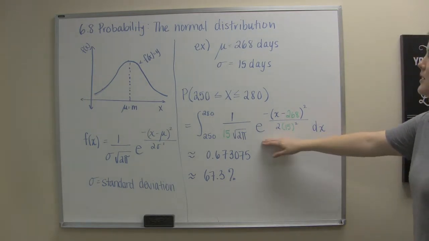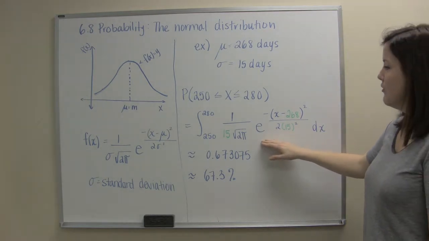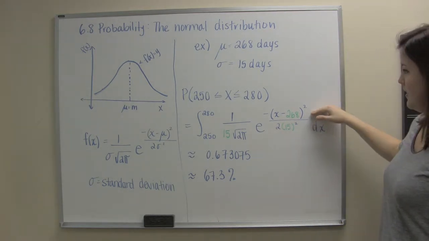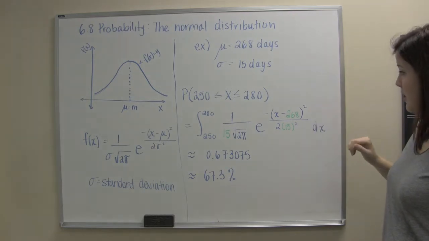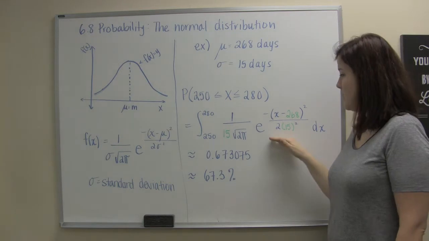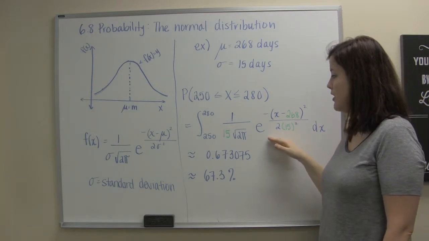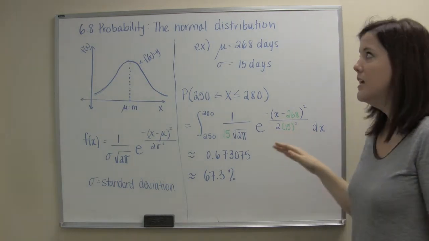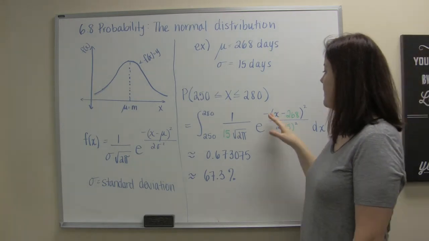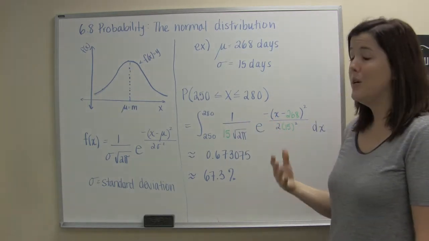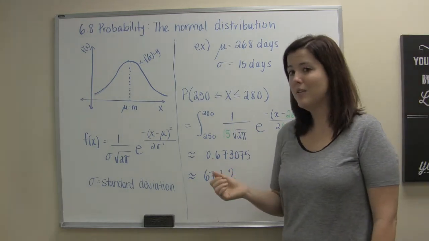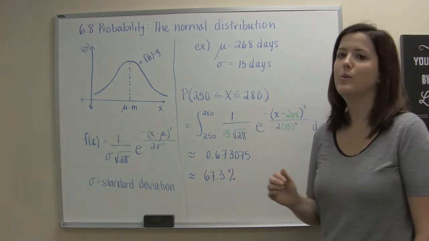Plugging in here, you can see I entered 15 for sigma and 268 for mu. Now, as it turns out, this is impossible for us to integrate by hand. Do you remember when we did Simpson's rule, we looked at e to the x squared or e to the negative x squared? There was no antiderivative for that, so we were stuck with Simpson's rule back then, or the trapezoid rule, the midpoint rule.